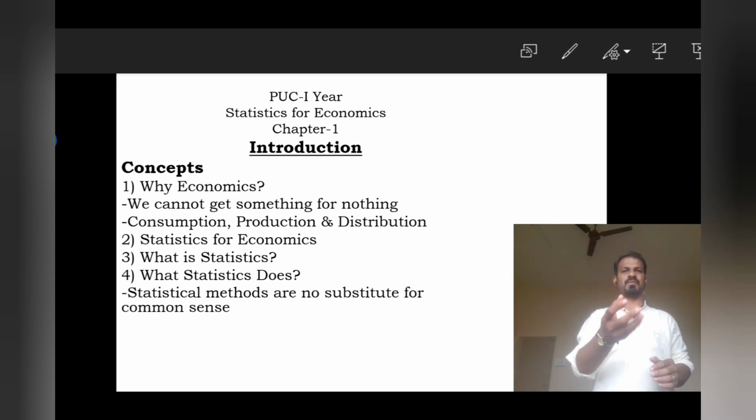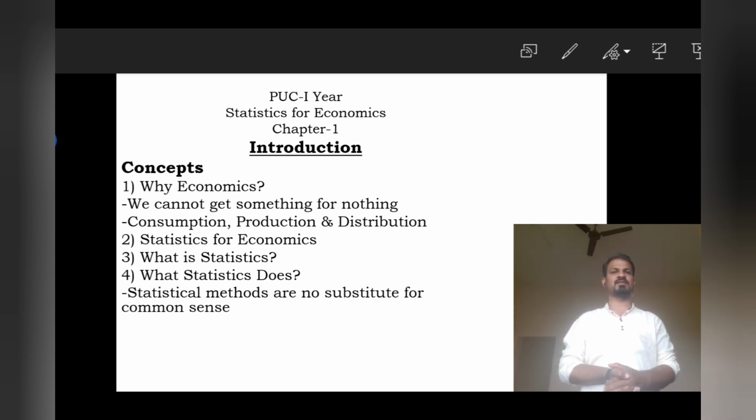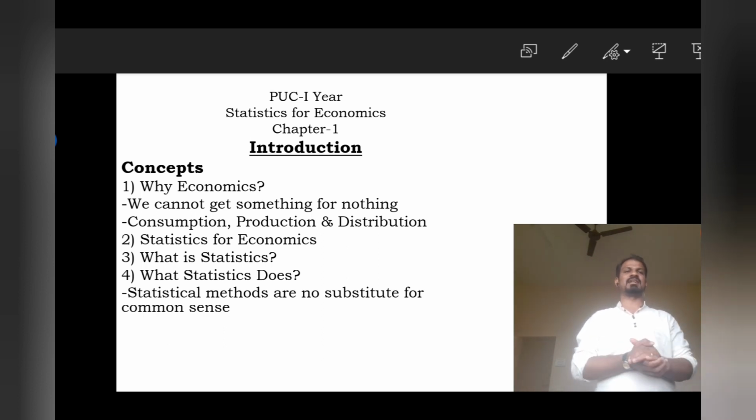Thereafter, the fourth and last concept is what statistics does. So what kind of help, what kind of importance of statistics we can see. That is what we learn in this concept.